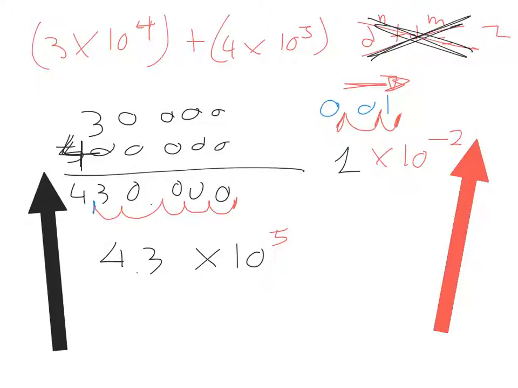So when we move left to right, the exponent is negative. When we move right to left, the exponent is positive.